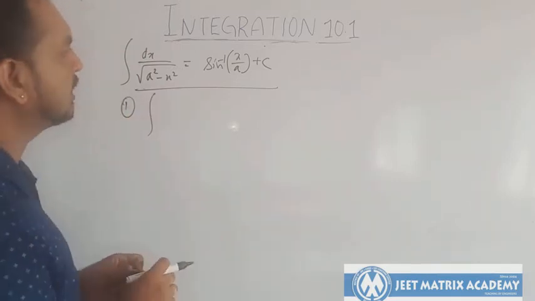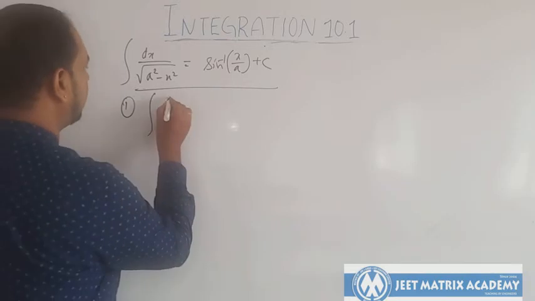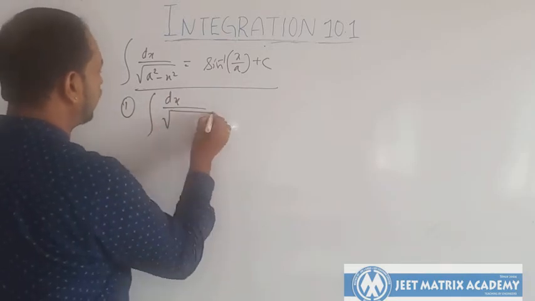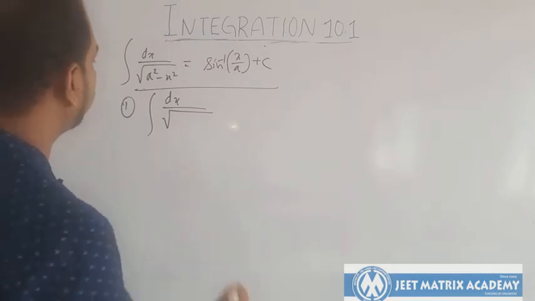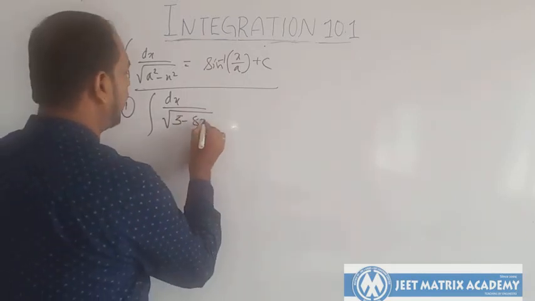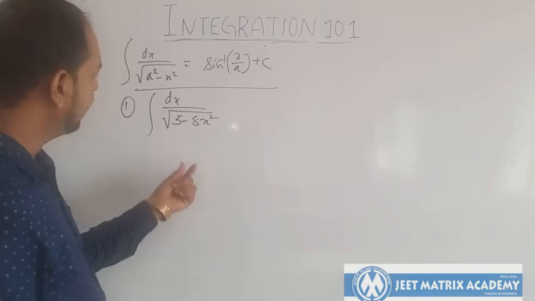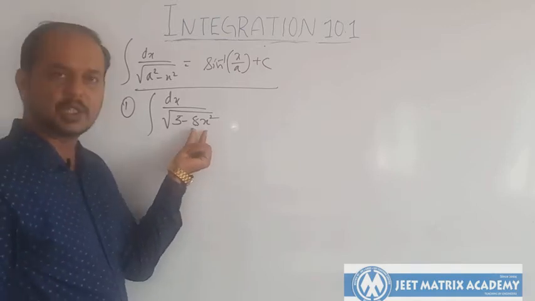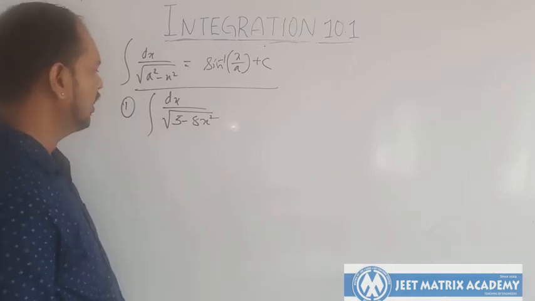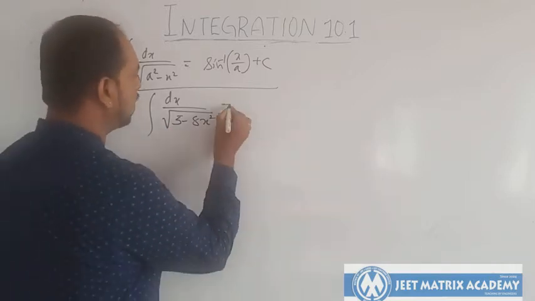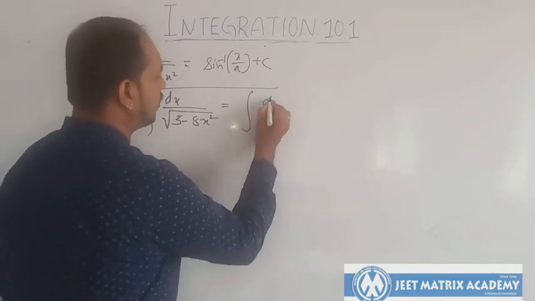First problem: integration of dx divided by root of 5 minus 8x square. So what are you supposed to do? x square has a coefficient 8, so better you take it out of the integral.